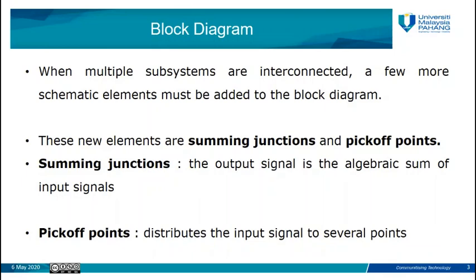For the complicated control system, which consists of multiple subsystems, we have extra elements in the block diagram, which are summing junction and pickoff points. These two extra elements, in addition to the three main elements that we already mentioned, which are the input, output, and transfer function, will be used to connect subsystems with each other.